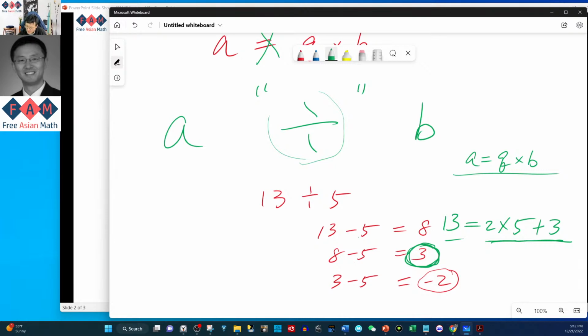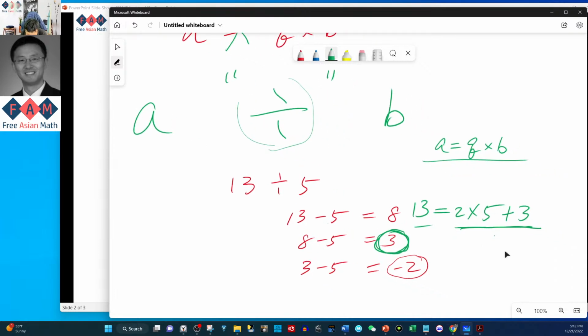This fact really tells us that if we want to do something like this, we will end up with 2 numbers. First one is 2. That's the maximum number of copies of 5 that we can subtract from 13 before we hit the dangerous territory of negative numbers.